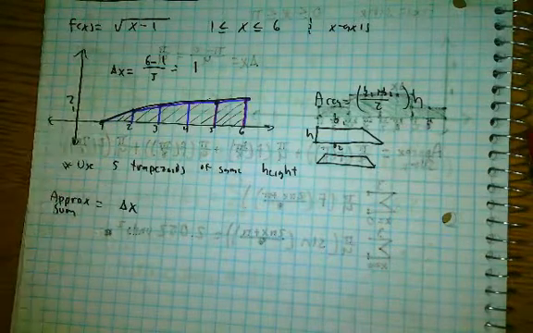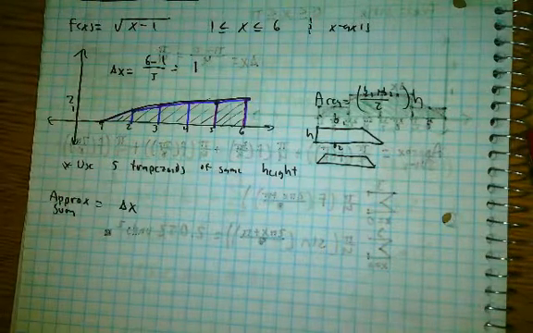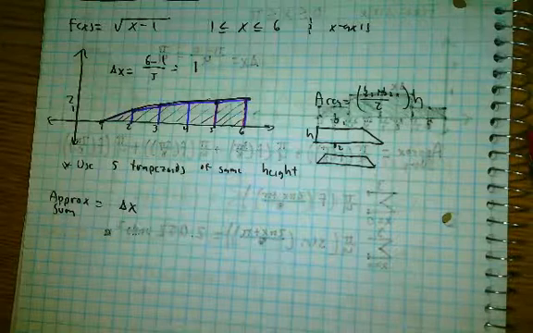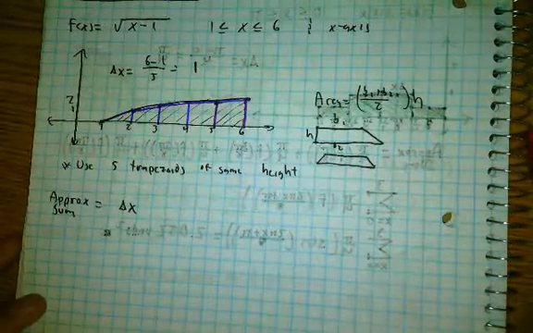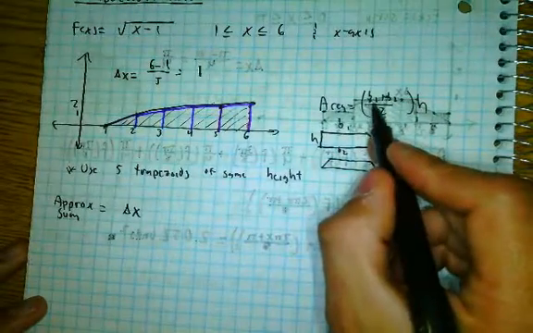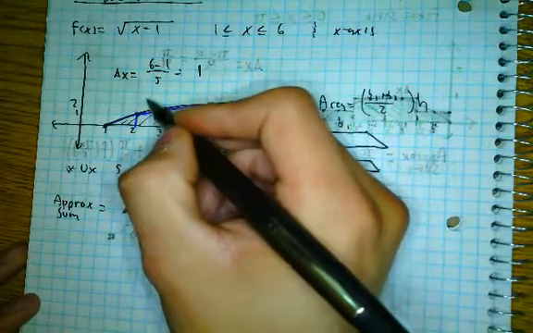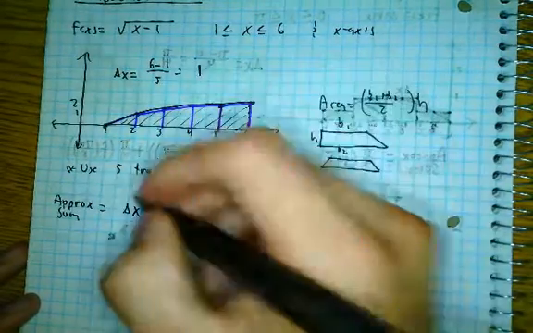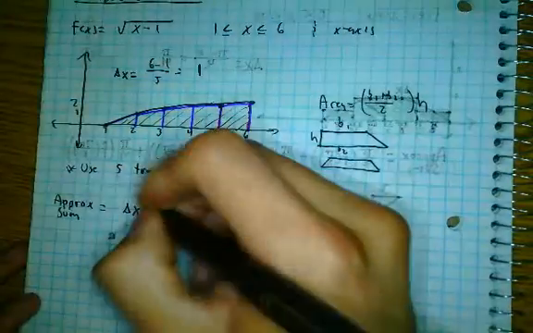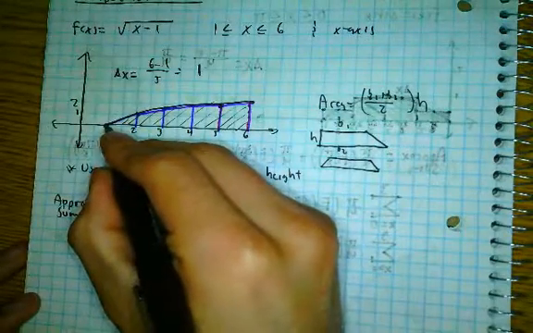Do you guys agree? But I can still treat it as a trapezoid. I could say that to find this point right here, that's f of 1 plus, how would I find this? Divided by 2. Do you guys see how this is the exact same thing as that?